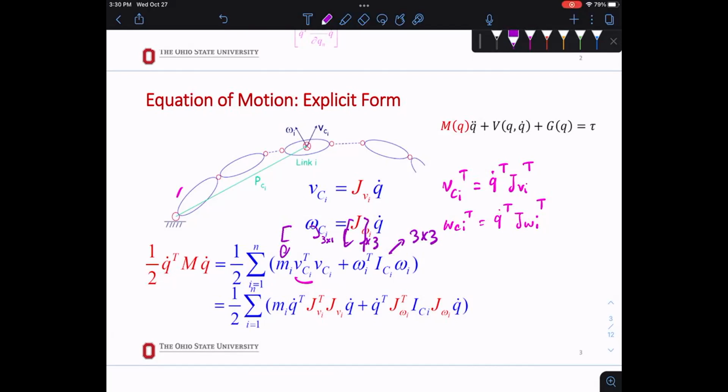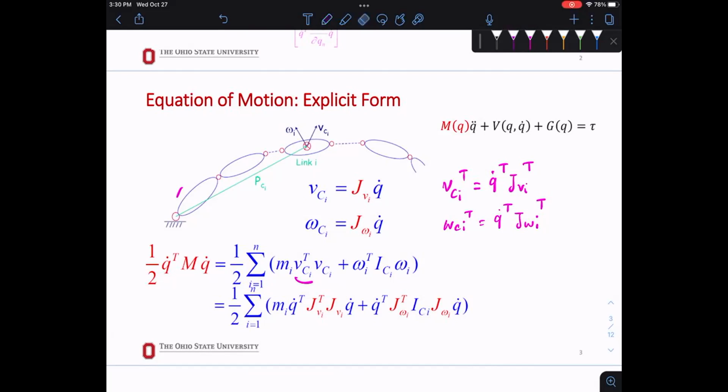That's the reason, because I_C, remember, is a 3x3 matrix. So basically here is the configuration to do this multiplication. If your m was a matrix or a vector, then you had to reorganize to make sure you can do the multiplication. It's all back to matrix algebra.